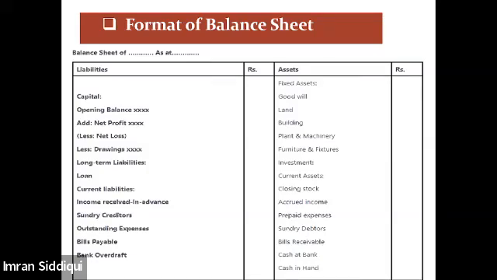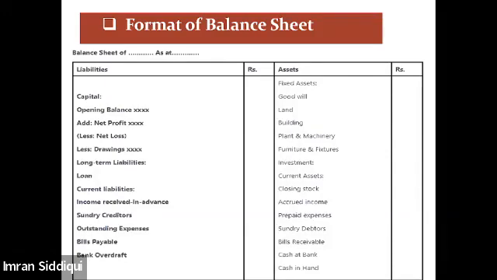So basically, in order to find the capital, we write the opening capital balance, add net profit, subtract net loss and also subtract the drawings. Then after recording the value of the capital, we record all other liabilities like long-term liabilities, including loans, and current liabilities, including sundry creditors, outstanding expenses, bills payable, and bank overdrafts.